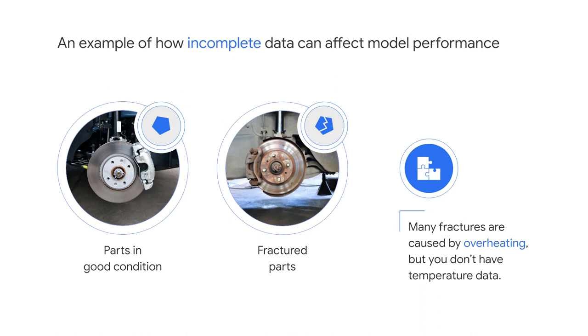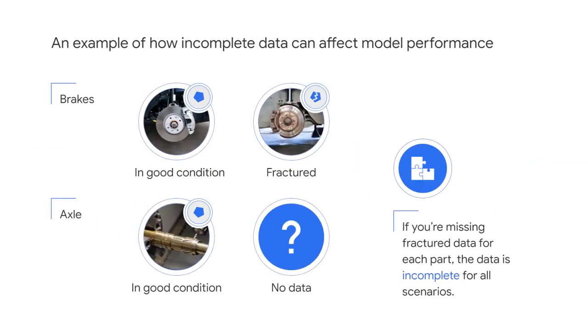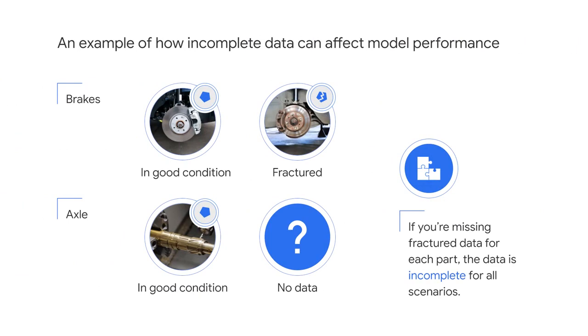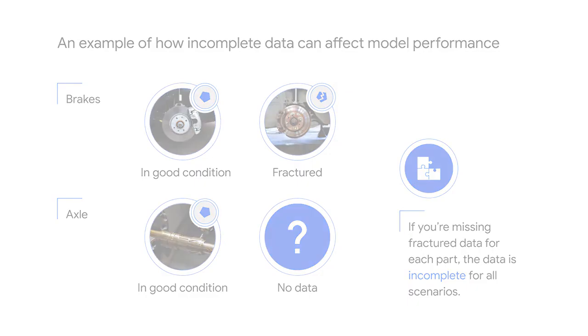Another form of incomplete data is the number of cases for all possible scenarios the data is intended to cover. In the same manufacturing example, your goal is to match the labels, good condition and fractured, with every part. If axle is one item you're evaluating for defects, you'll need examples of axles in good condition and fractured. If you don't have that data, your data is incomplete.